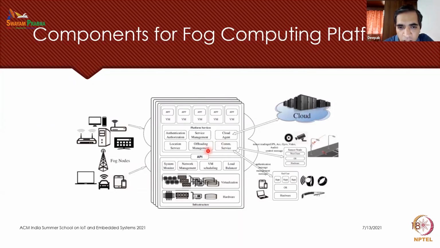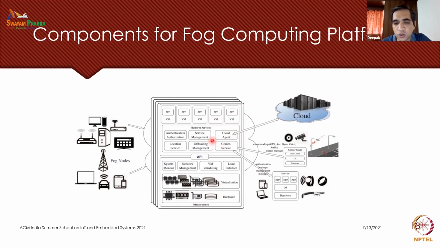Before I get into that, you can see here that there are these different VMs, the virtual machines. Even in fog nodes, you would have different VMs, and basically apps can be given resources on these VMs, and they can execute there.